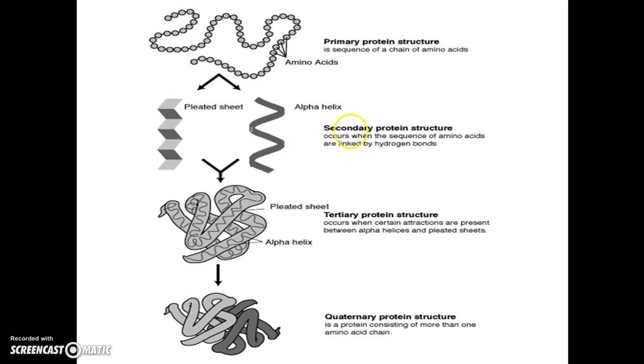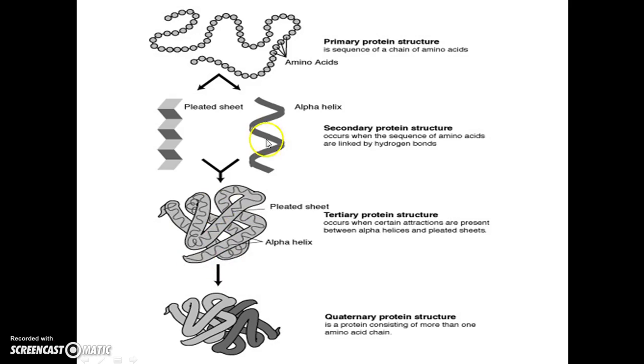If you look at these, here's the primary structure. It is the sequence of amino acids. Here's the secondary structure, which is the primary structure coiled or folded. Alpha helix looks like a spring. The beta sheet looks like an accordion or like one of those folded paper fans.